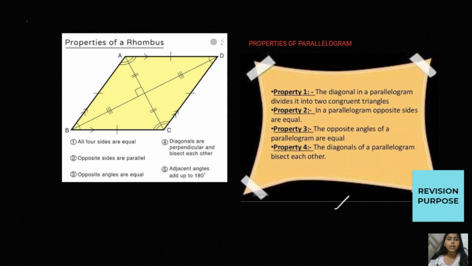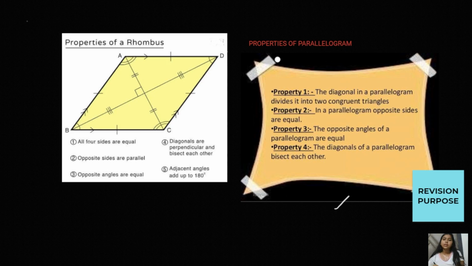So basically, the properties of the rhombus, right? All four sides of a rhombus are equal to each other, opposite sides are parallel, opposite angles are equal to each other, and the diagonals are perpendicular, because the diagonals bisect each other at right angles. Adjacent angles sum to 180 degrees.